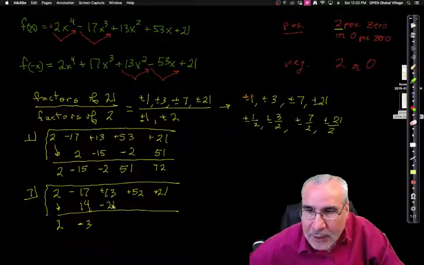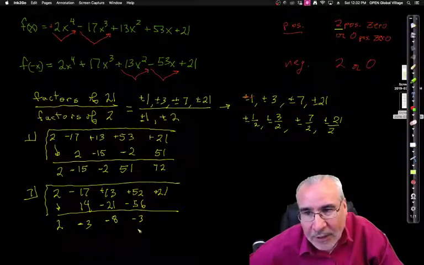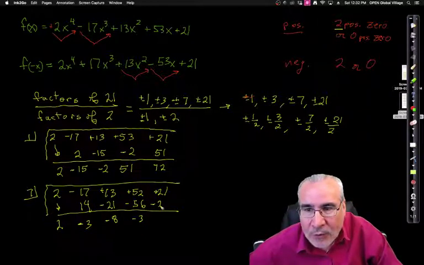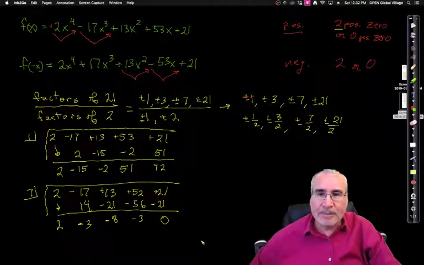And 13 plus negative 21 is going to give us a negative 8. 7 times negative 8 is going to give us a negative 56. When we add these together, we get negative 3, and you might think, oh, bingo, we made it, because 7 times negative 3 is negative 21, which has a remainder of 0.